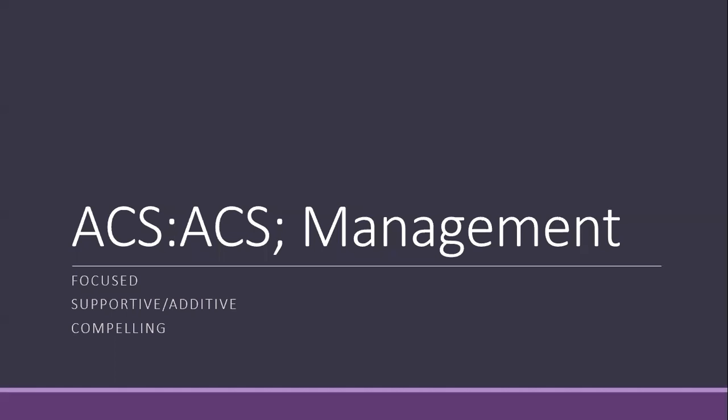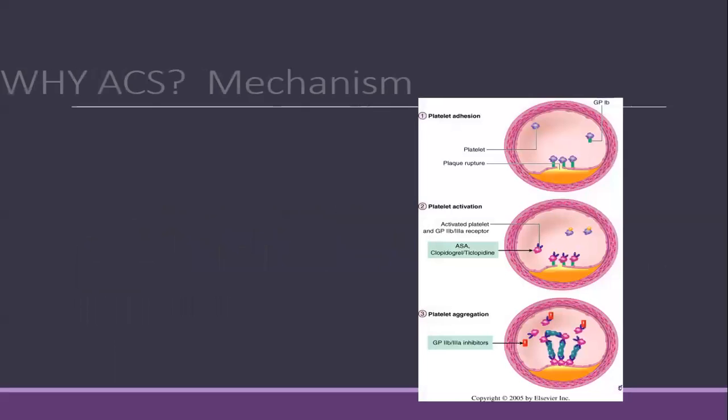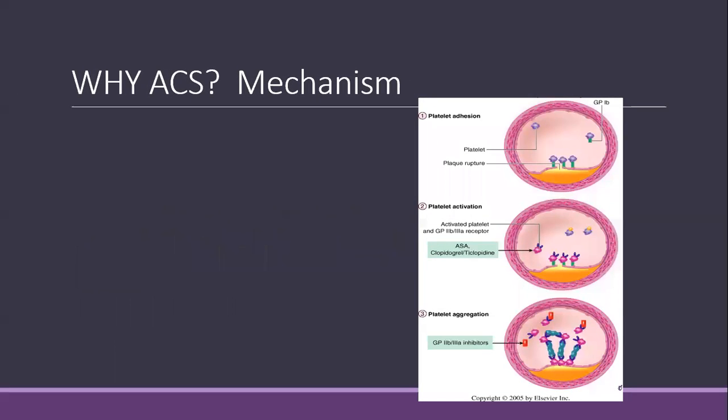Just to recap the mechanism of acute coronary syndrome: there is a coronary vessel with an atherosclerotic plaque, and the process starts with plaque fissuring and plaque erosion.